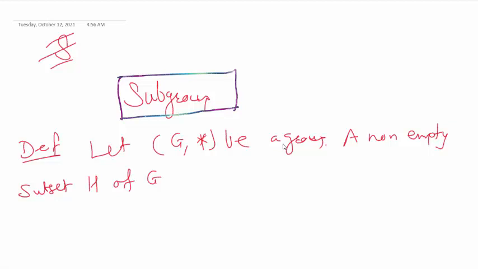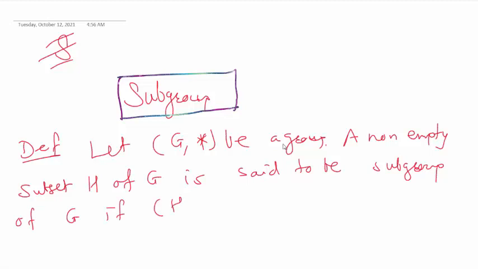First condition is it should be a subset of G. So H is said to be a subgroup of G if (H, *), with the same binary operation, there is no difference, is itself a group.